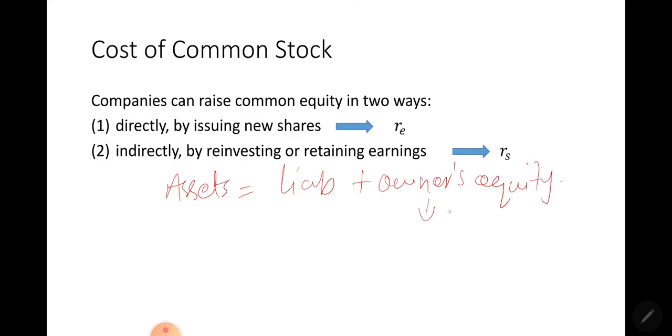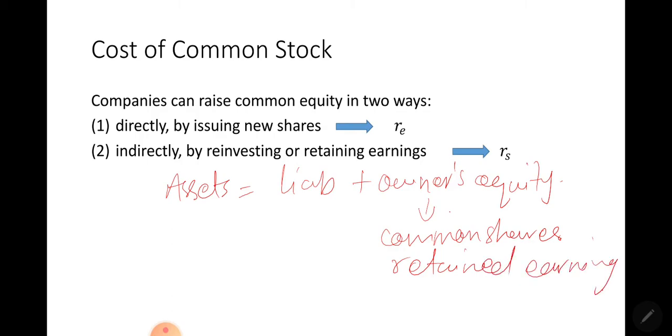This owner's equity has your common shares and your retained earnings as well. So one way of increasing equity is to issue common shares in the market. When common shares increase, equity also increases. Another way is to increase the retained earnings of the business.